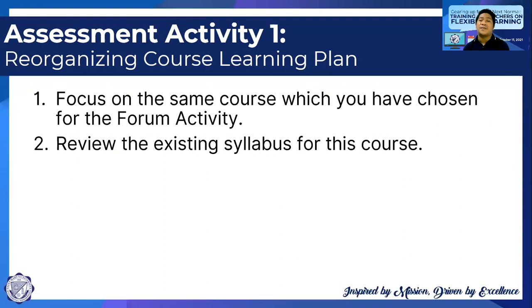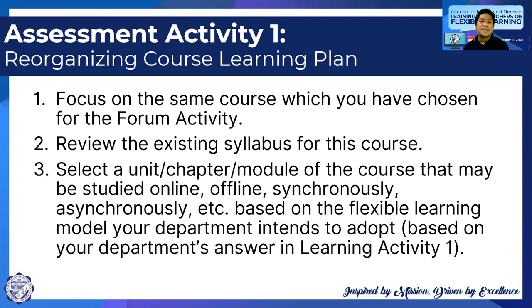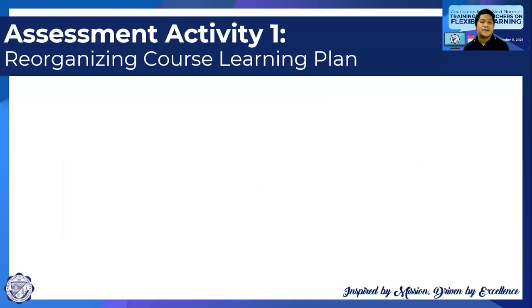Review the existing syllabus for this course. Select a unit, a chapter, or a module of the course that may be studied online, offline, asynchronously, synchronously, etc., based on the flexible learning model your department intends to adopt, based on your department's answer in learning activity 1.